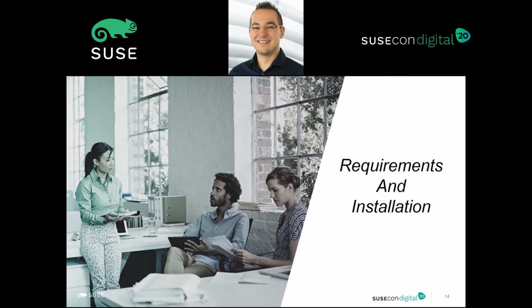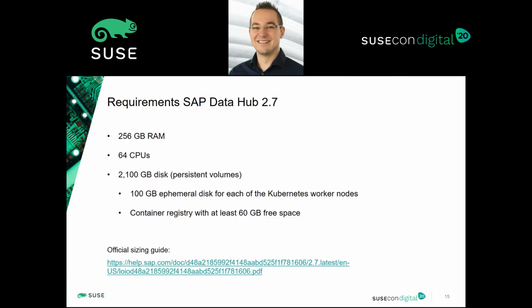Now let's have a look at the requirements and how you install all the components together. So, for example, here we have the requirements for SAP Data Hub 2.7, and this is for a production environment. And it says that you will need 256 gigabytes of RAM and 64 CPUs. And as well, you will need 2.1 terabytes of disk, so persistent volumes.